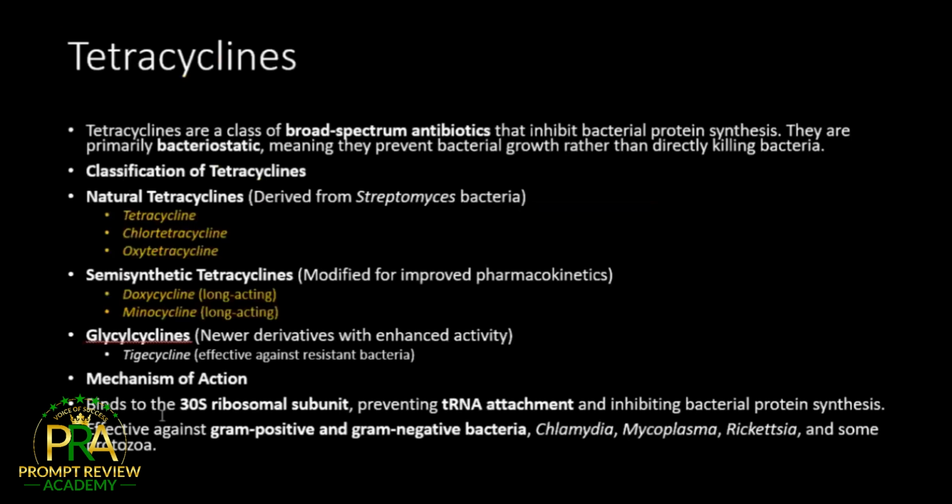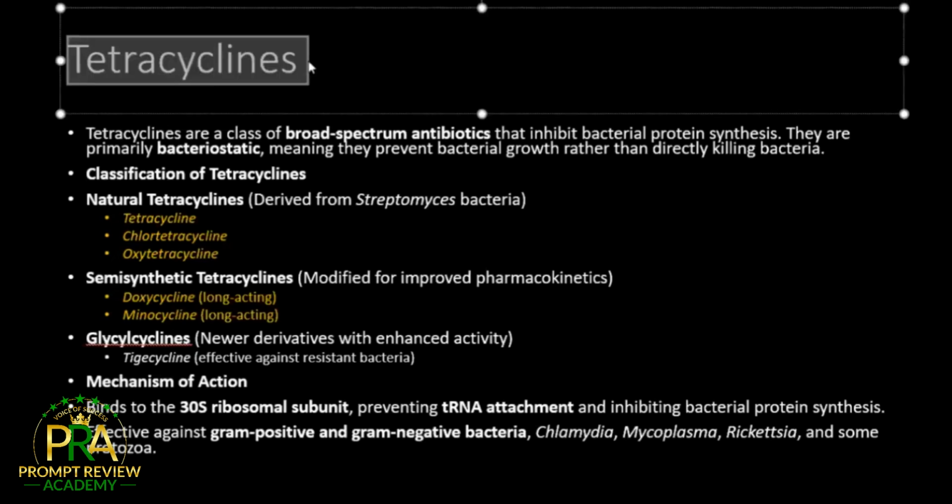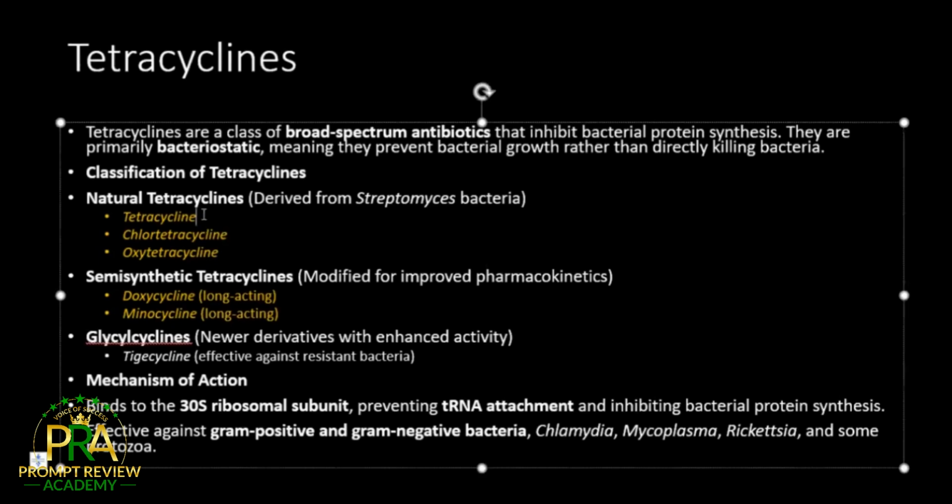So this is our tetracycline. I know we are not doing pharmacology, but I just put this in because these are the medications we talked about. Under tetracycline, you can see we have the natural tetracyclines, because people get confused. Tetracycline is the class of medication, but under that class there is another medication that is tetracycline.